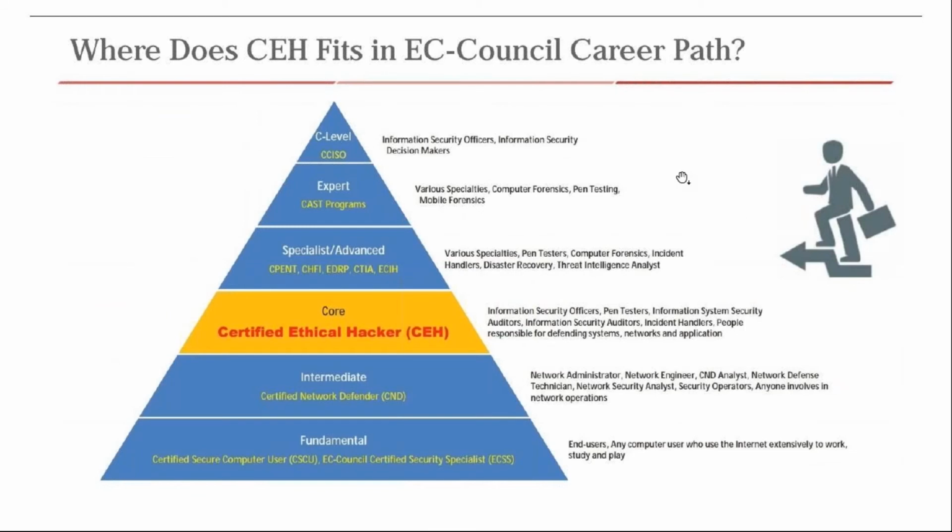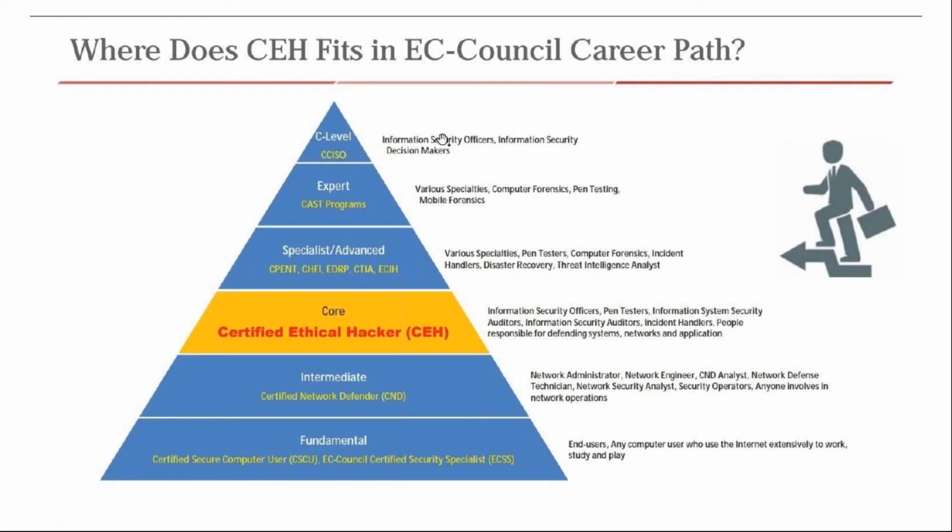So what are the job roles? After completing the CEH training, you can apply for pen tester, as companies hire white hat hackers to conduct pen testing for their internal infrastructure. Apart from that, you can apply for incident handler, because the ethical hacker can be a part of the incident handling team as well.